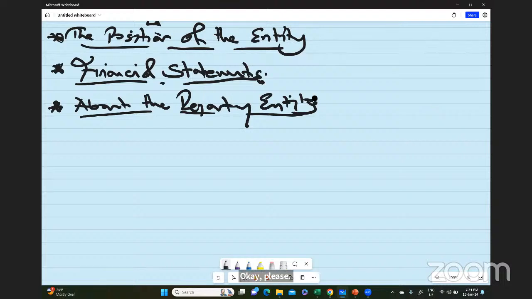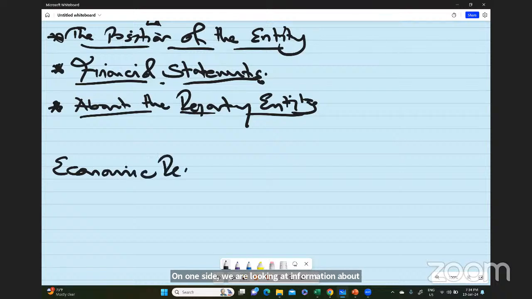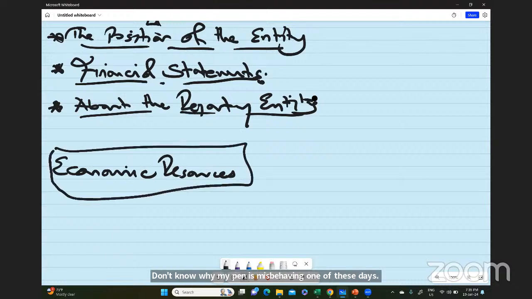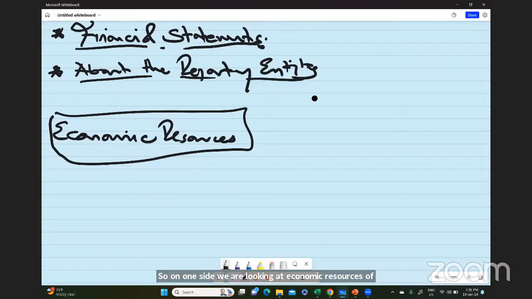On one side, we are looking at information about economic resources of the entity.